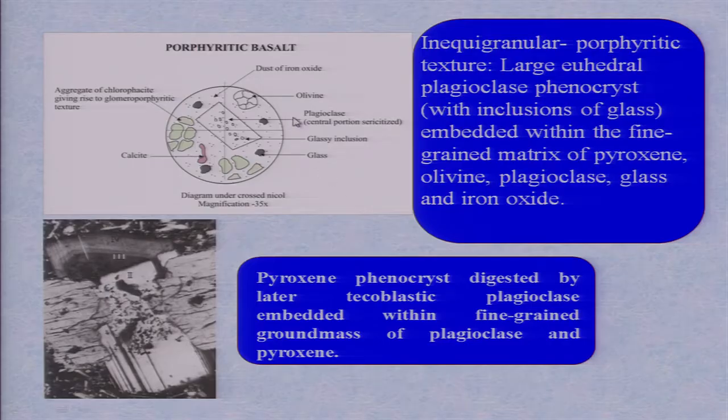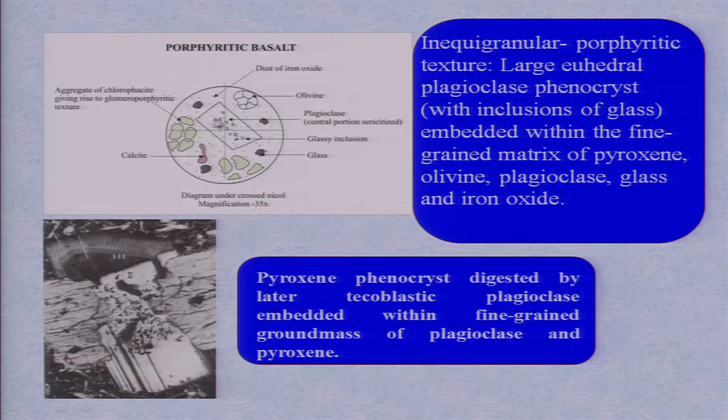Porphyritic basalt, again I am citing an example of basalt. This basalt displays inequigranular phenocrysts. Large euhedral plagioclase phenocrysts. Euhedral means well developed crystal with well developed crystal boundaries, with inclusions of glass.